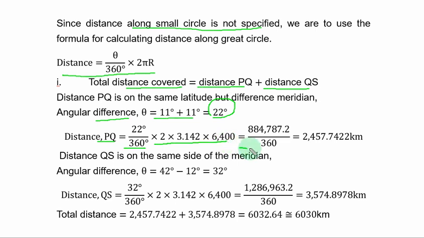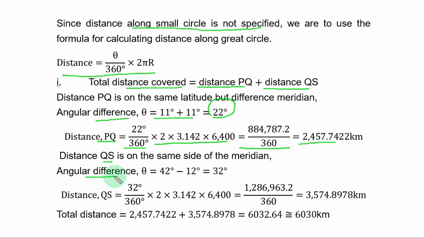This simplifies to this. When you divide, you have 2457.7422 kilometers.